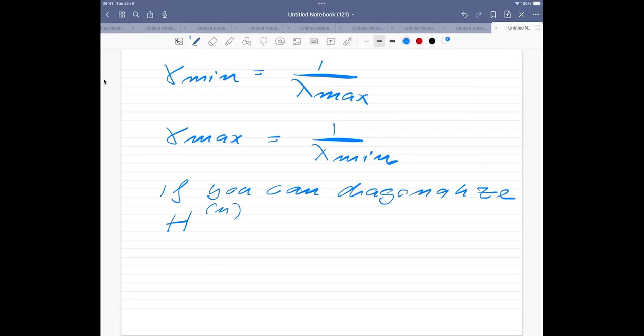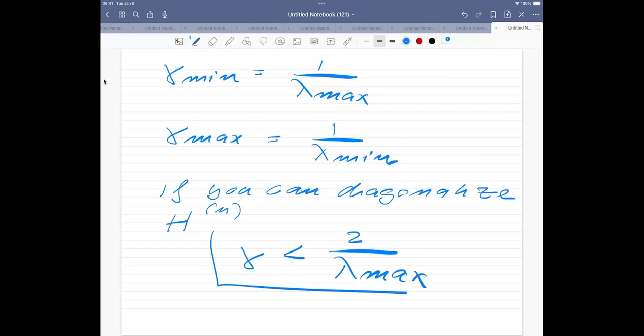Then it's fixed, because in linear regression, the second derivative is the design matrix transposed times the design matrix, and there is no dependence on the unknown parameters. But any other method will have a dependence on the unknown parameters. But if you can diagonalize it, then you can show that this gamma has to be smaller than 2 divided by lambda max. This is a result from linear algebra, which we are not going to prove, but I'm simply stating it.